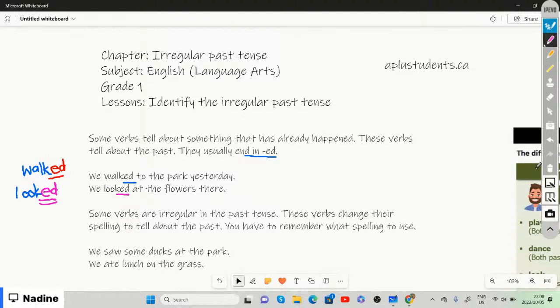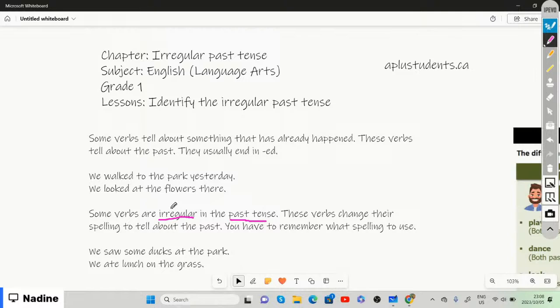However, when it comes to irregular past tense, some verbs are irregular in the past tense.